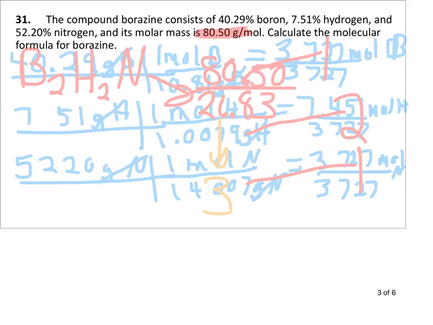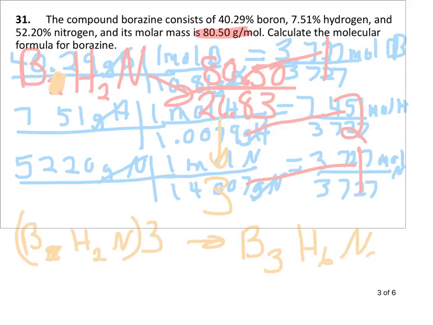Then we just take our BH2N and we take it times 3, resulting in our molecular formula of... that's not a B2, that's supposed to be a B1. No 1 there, no 2 there. B1, H2, N. So that gives us B3H6N3.